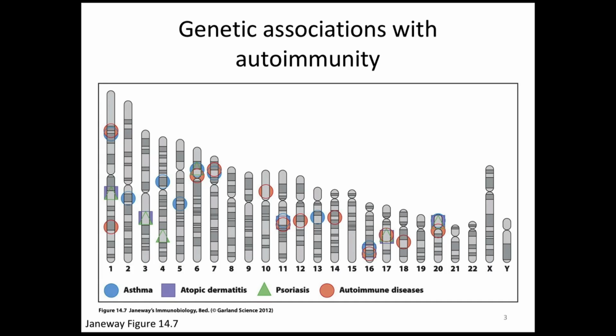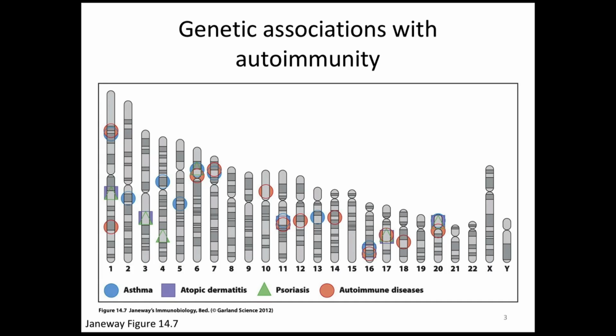This is an overview looking at genetic linkages with autoimmune diseases as well as other disease types, which again, we can be picky about whether we call them hypersensitivity or inflammatory disease or autoimmunity, like we talked about last time, but whatever.